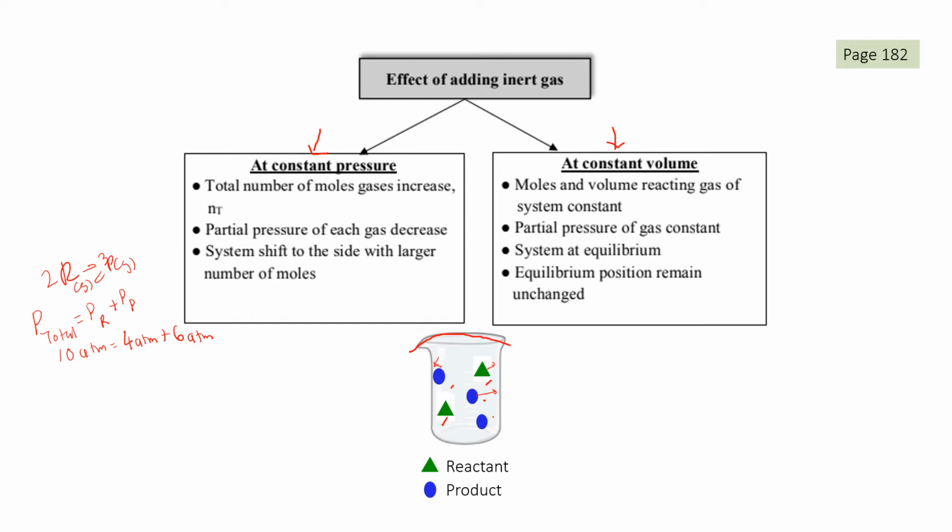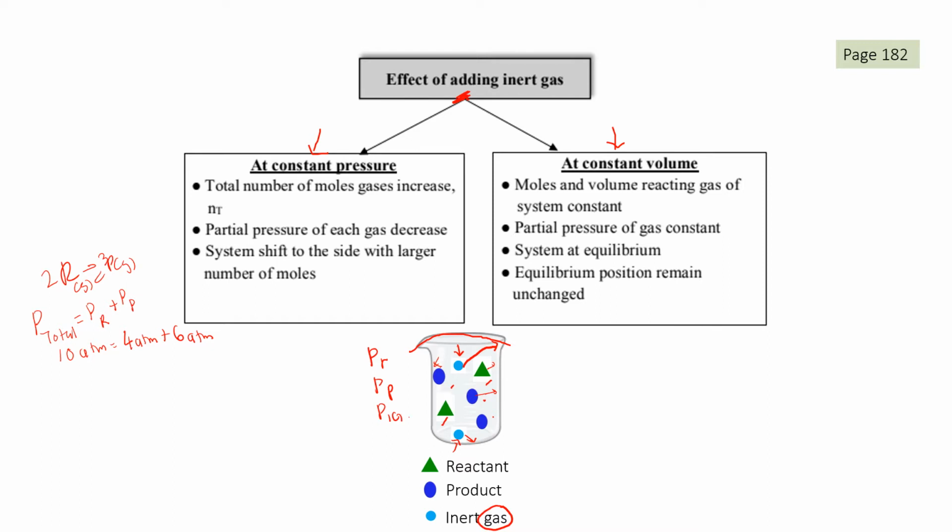Tapi bila kita tambahkan addition of the inert gas, contohnya kita letakkan inert gas kat sini yang color light blue ni, ini adalah inert gas. Remind awak yang ini adalah gas. So gas, tak kisah inert ke tak inert ke, dia still akan hit the wall of the container. So bila dia tambah dalam bika awak ni, kita akan ada 3 jenis partial pressure sekarang: partial pressure of the reactant, partial pressure of the product, dan partial pressure of the inert gas.